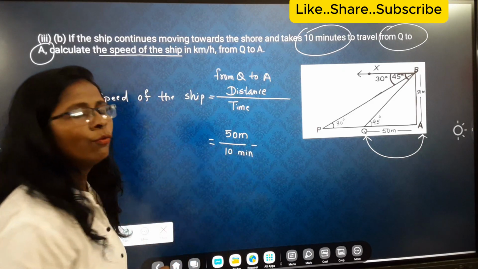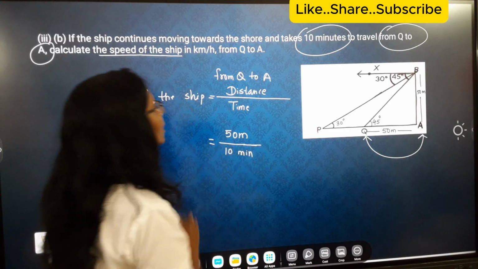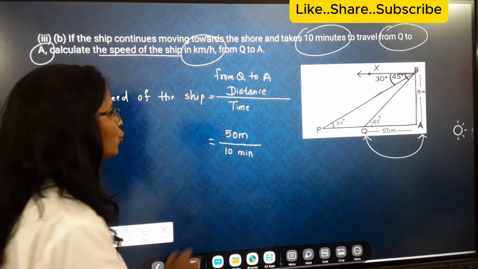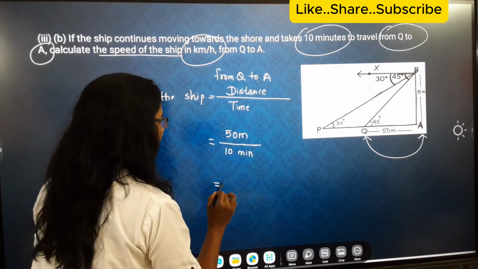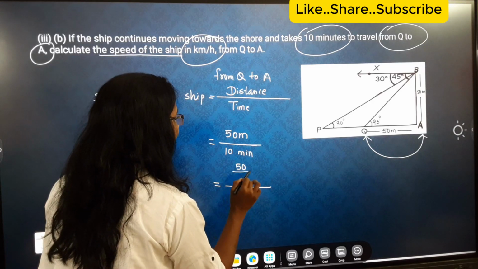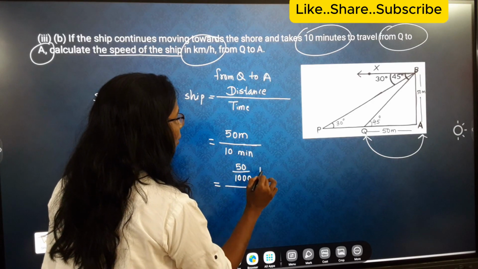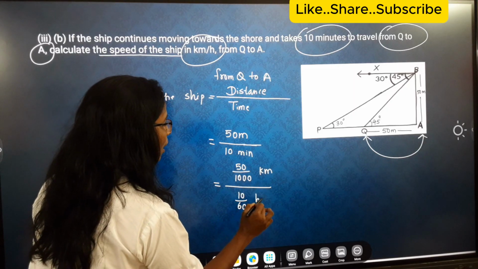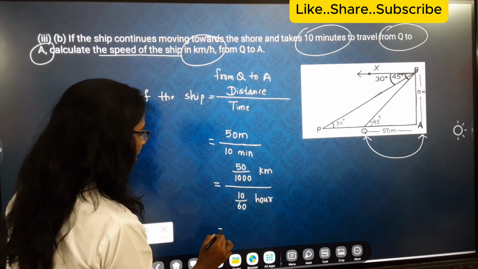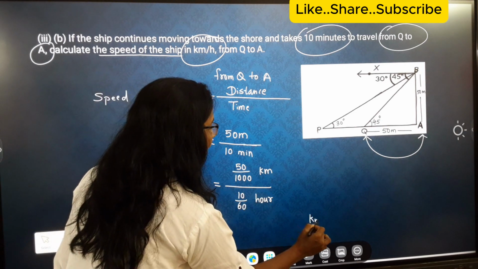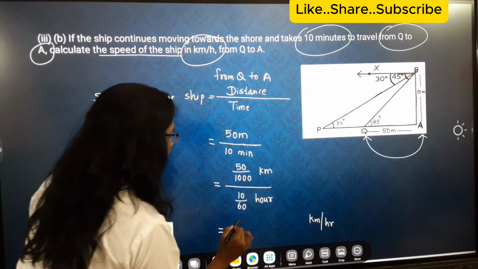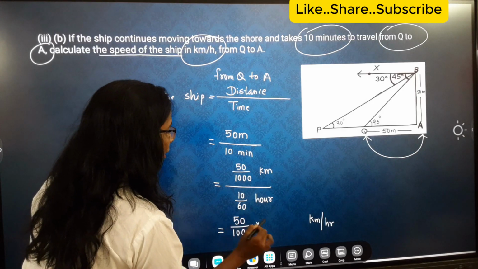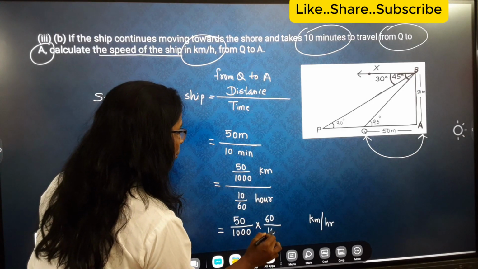So now the question wants the speed of the ship in kilometers per hour. So we convert the meters and minutes. So here 50 divided by 1000 kilometers, and the minutes we have to convert into hours. So that is 50 upon 1000 multiplied by the reciprocal of this, that is 60 upon 10.